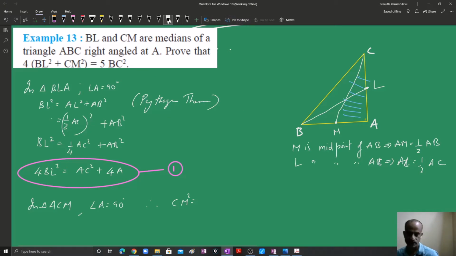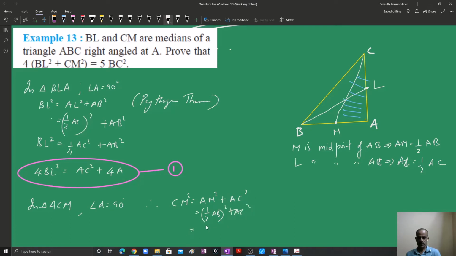In that right angle, CM square is equal to AM square plus AC square. But what is AM? Half AB whole square plus AC square.